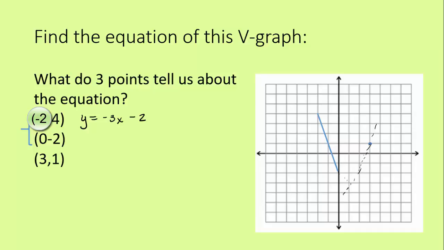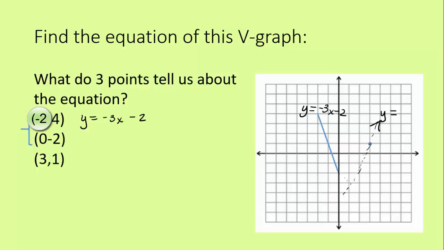So if we could find this line that has a related slope to the other line and passes through the given point, then perhaps we could find where they intersect. So now that I think I know that this is y = -3x - 2 over here, I want to find the equation of the line over here.